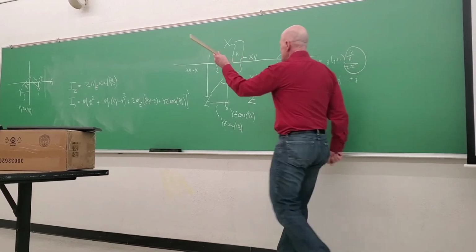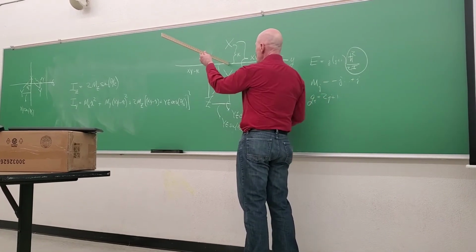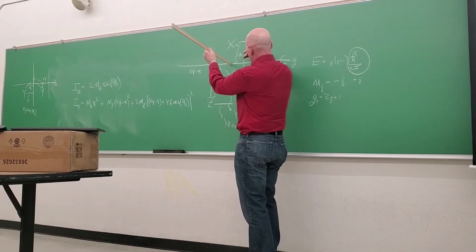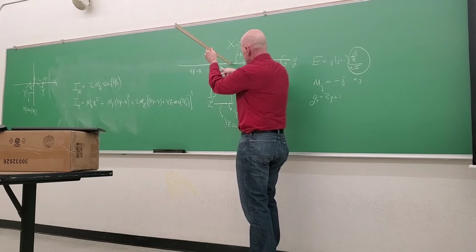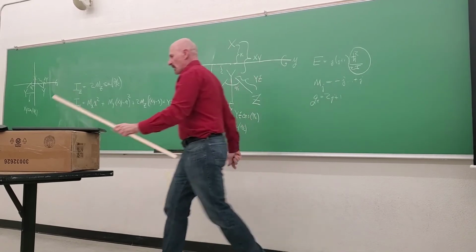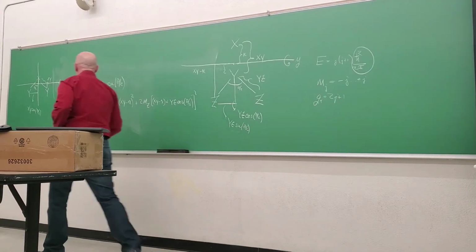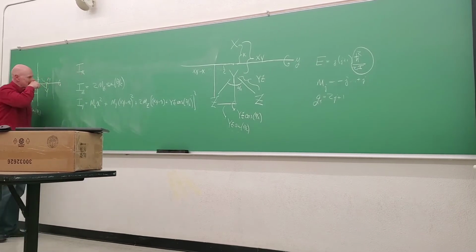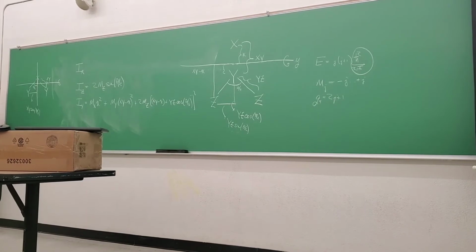So now we're going to do this axis here. In this axis, X is rotating around, and that's the distance X here. The Y is that distance there. We can do that one. So let's do that one. I'll call that I of X. And so yours is going to be that distance there.